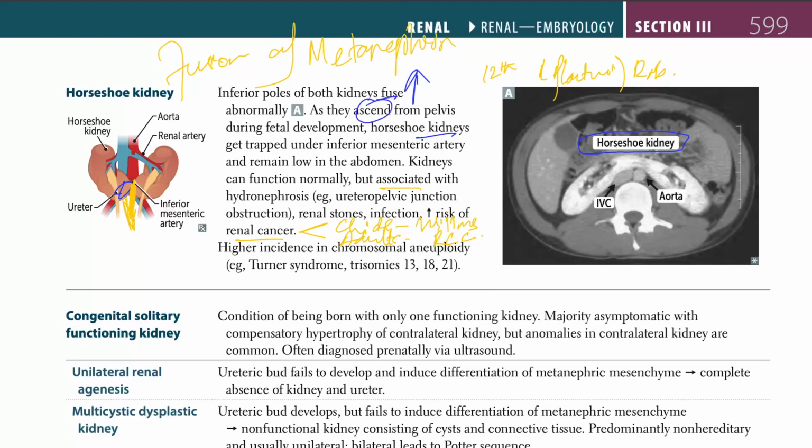In the metanephros, we have the metanephric blastema and the ureteric bud. So here we are talking about fusion of the metanephric blastema. Okay, so that's all we have for the horseshoe kidney.